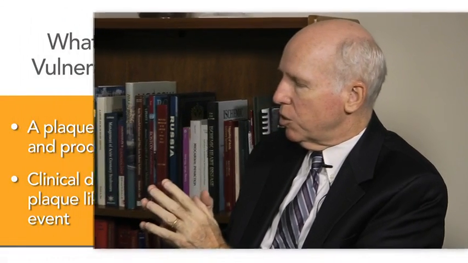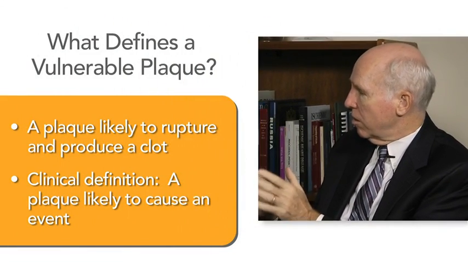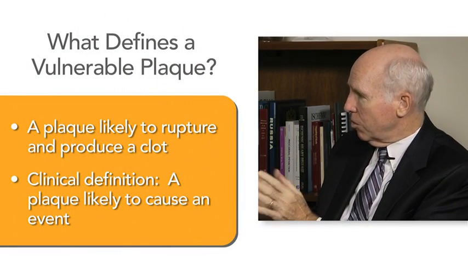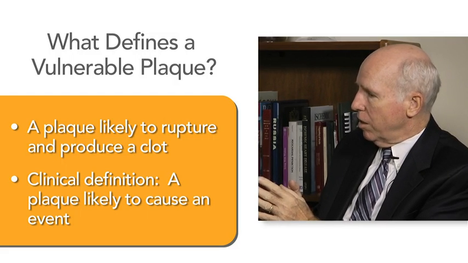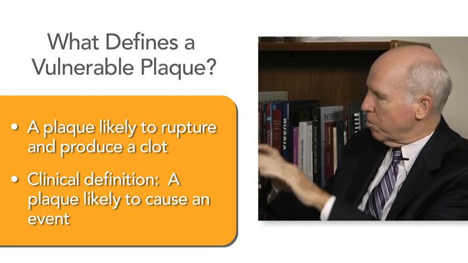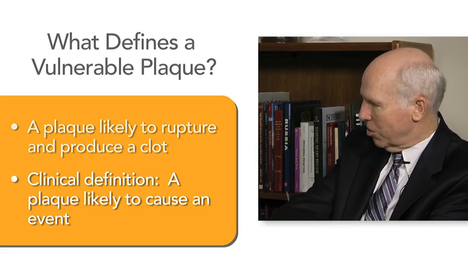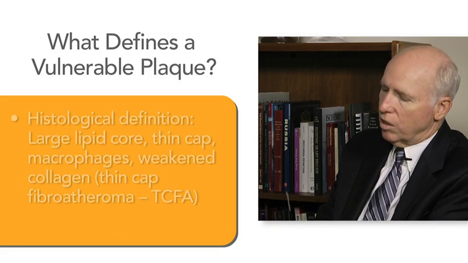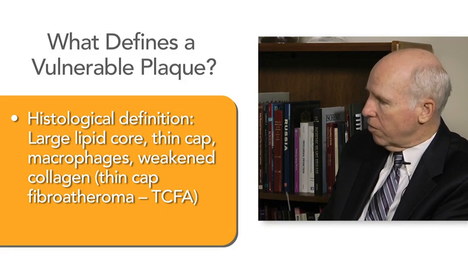So the vulnerable plaque concept is that it's a plaque that's likely to rupture and get a clot. You can imagine a more clinical definition, which is a vulnerable plaque is one likely to cause an event. So those are related. And then you go from those concepts down to the real world, to histology, and you look and you see what do these plaques look like that have caused events.